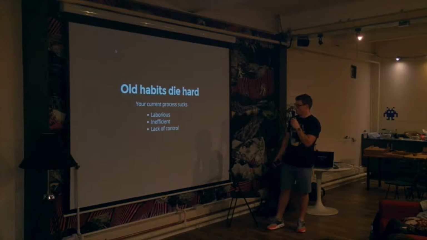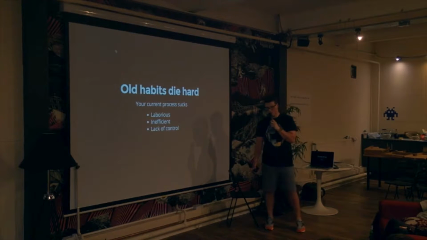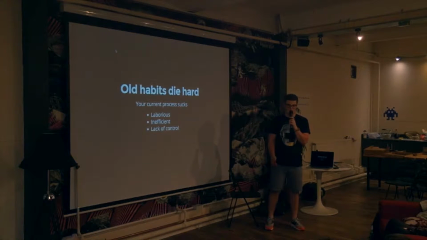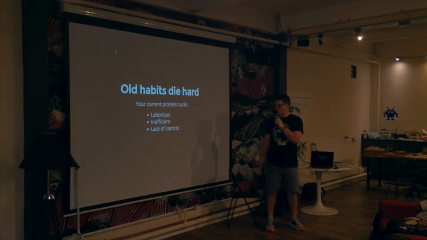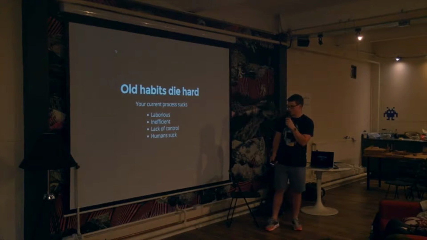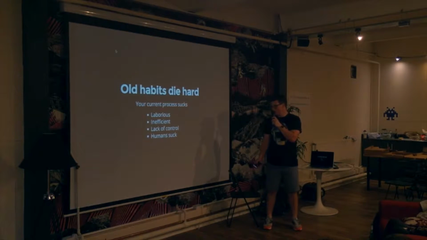Lack of control. We're relying on a lot of third-party resources. You might minify your CSS one way, you might compress your assets another way, and you're not in control of that. You're relying on other resources to do it. Humans suck at boring tasks.